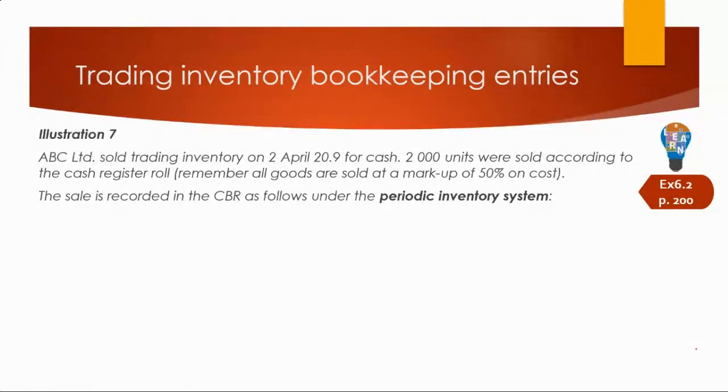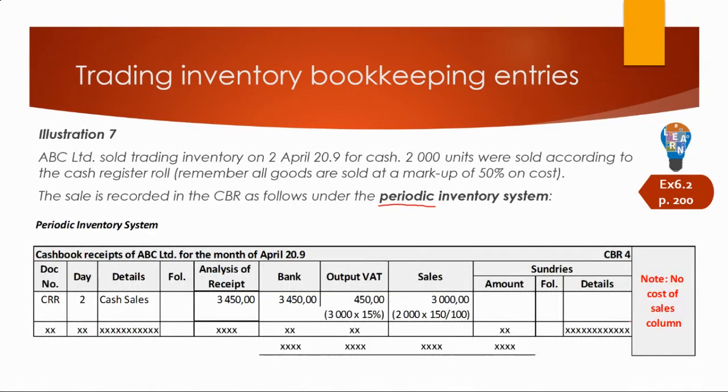So for the periodic inventory system, we're only going to record the sales transaction. We do not actually record the cost of sales. So as you can see here, there's no cost of sales column, so we do not record it. We only record one transaction, which is our sales transaction. Okay, so that is the main difference between perpetual and periodic.